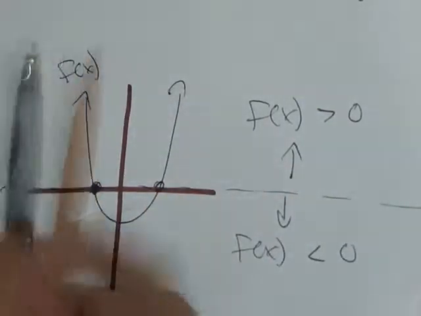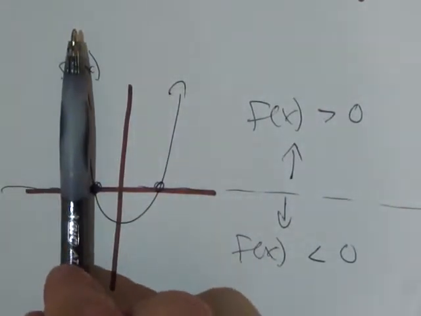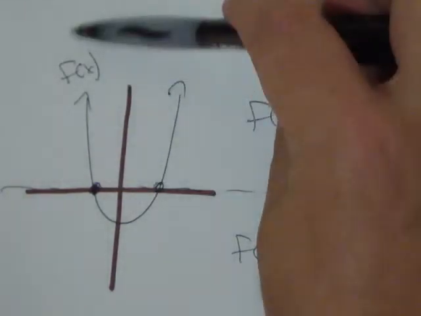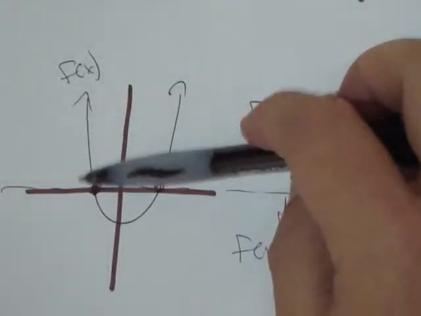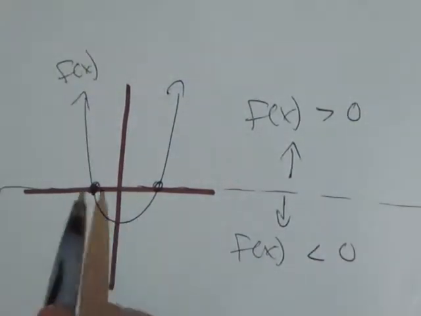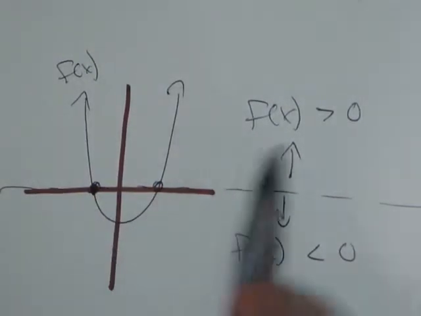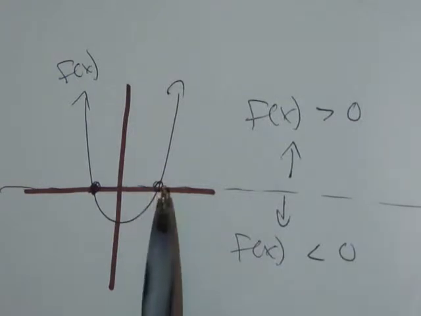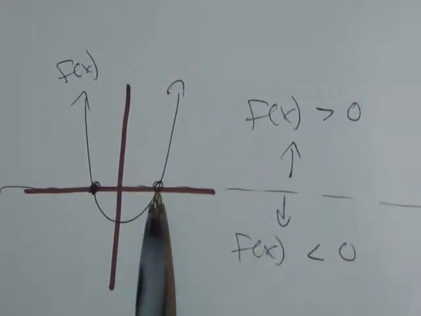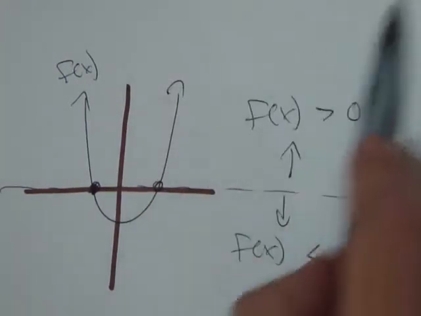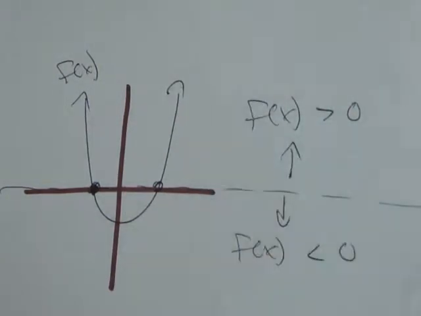This part is above the x-axis, so we would give the interval from negative infinity to that x value. Then it's below 0 for a little while, but then we're looking at greater than 0 again, so starting from this x value all the way to positive infinity, it would be greater than 0.